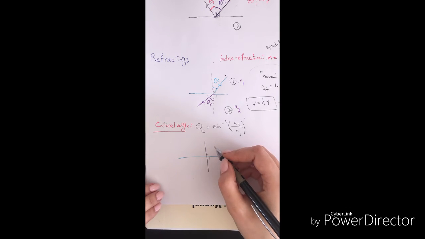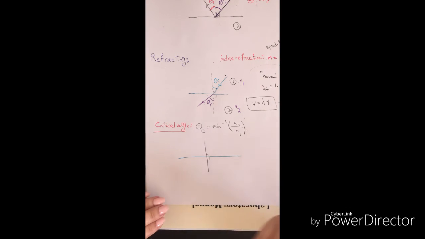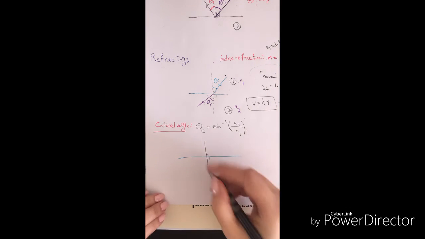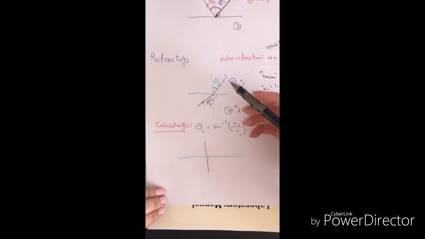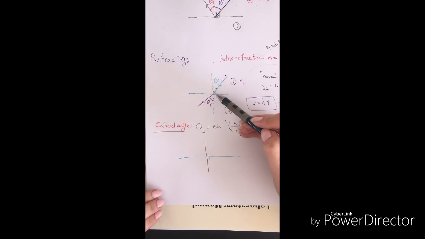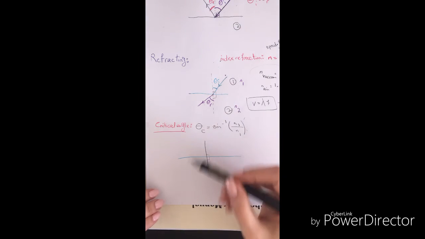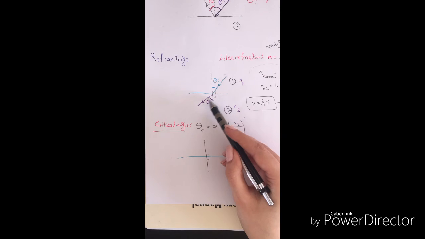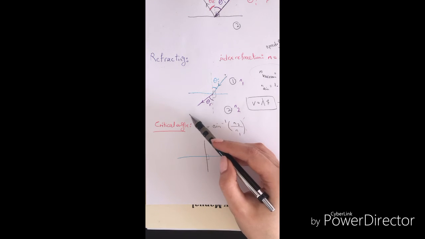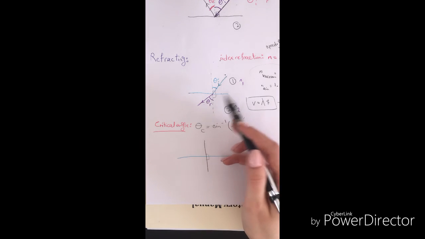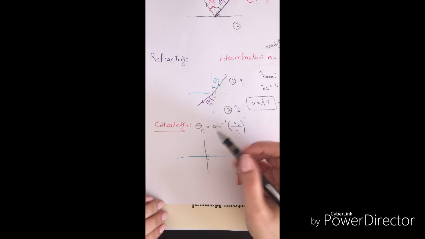Now, our ray of light can hit the surface from this side, or from this side. The ray in this direction goes into the surface. That's the initial ray. And the ray which goes out of the surface, that's the refracting ray.